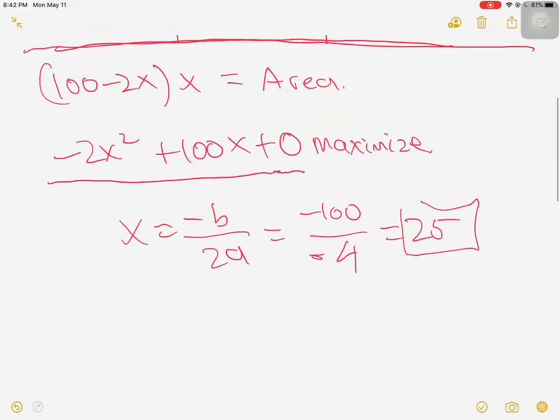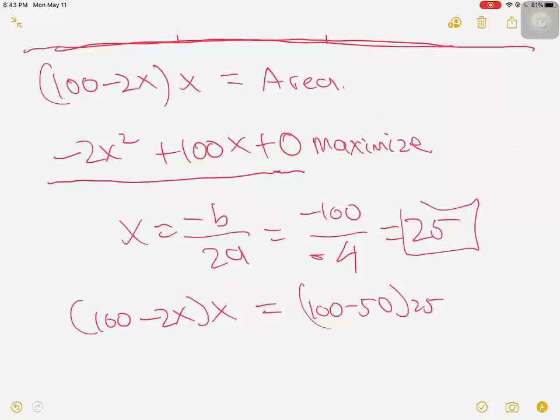We just plug it into 100 minus 2x times x, which is equal to 100 minus 50 times 25, which is equal to 1250. That's going to be the maximum area. So since this value is the maximum, it's going to be bigger than everything you guys put in chat.